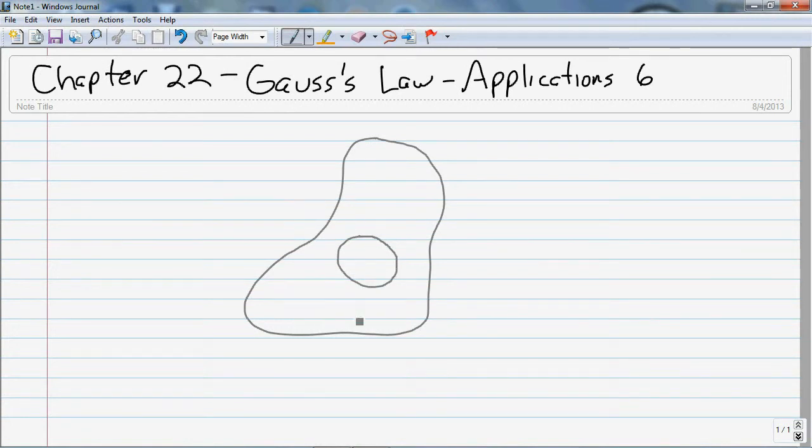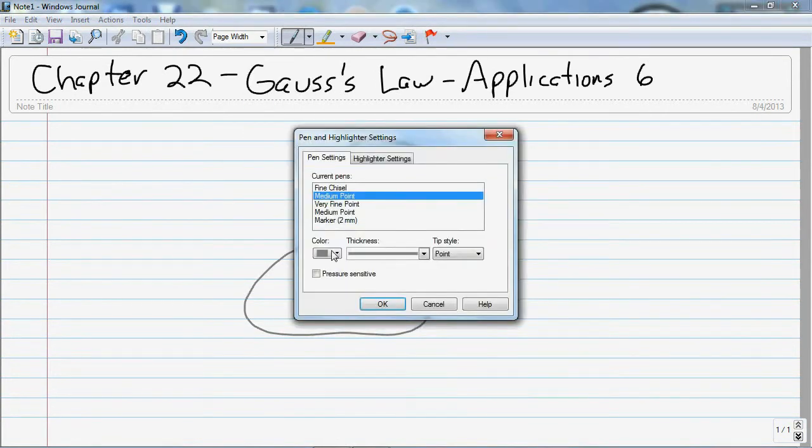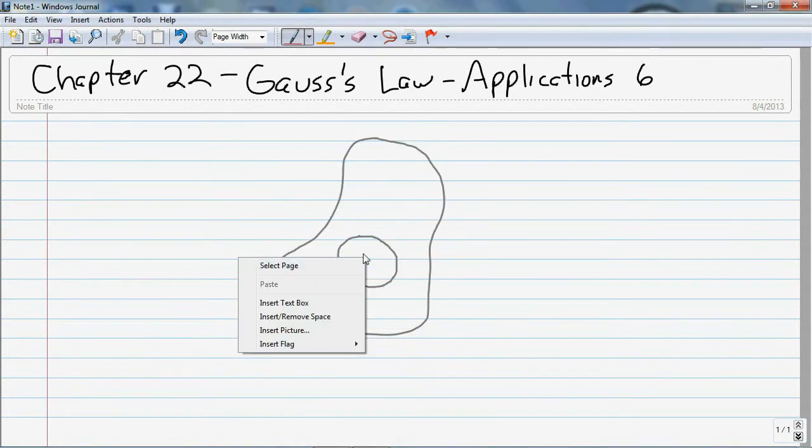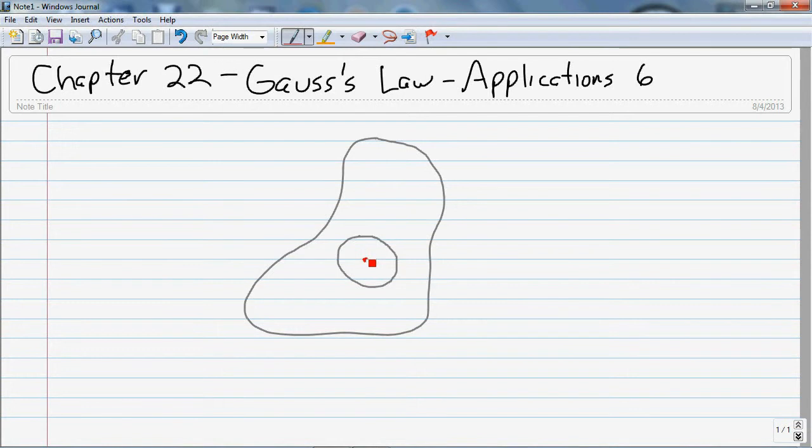And let's say that there's no charge on the conductor, it's neutral. And I'm going to put a small charge Q inside.